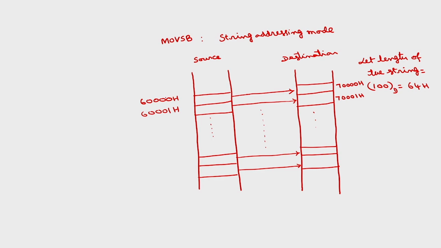So, starting with 0, the ending address will be 60063 H, because 0 is the starting point and the ending will be 1 less than the count.